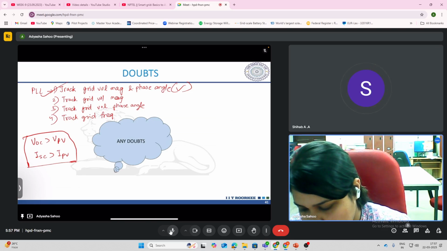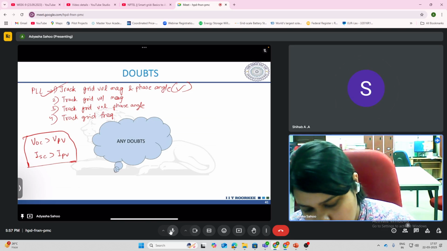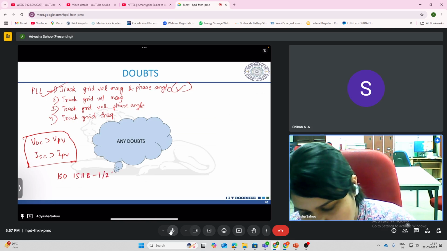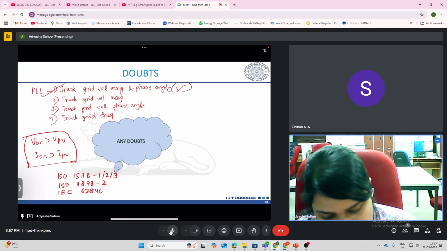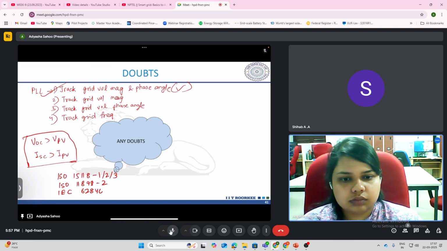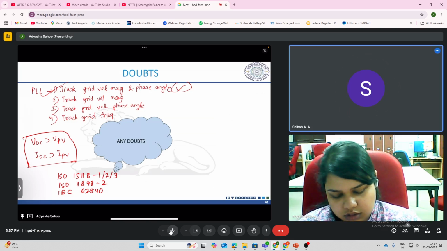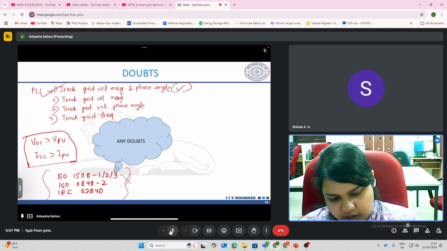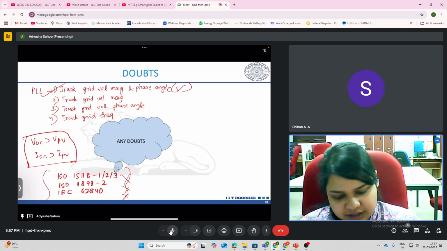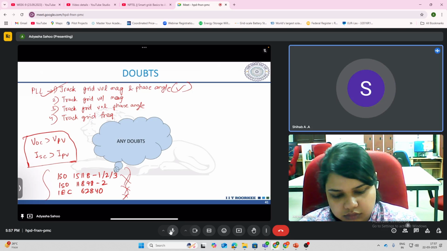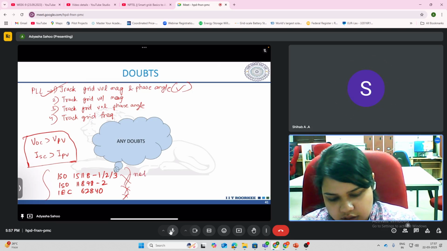EV charging standard. What were the standards? Was it something like ISO 15118, ISO 118982, IEC 62840? Were these the numbers? So these are not the standards. If anything, these are not the EV charging standards.